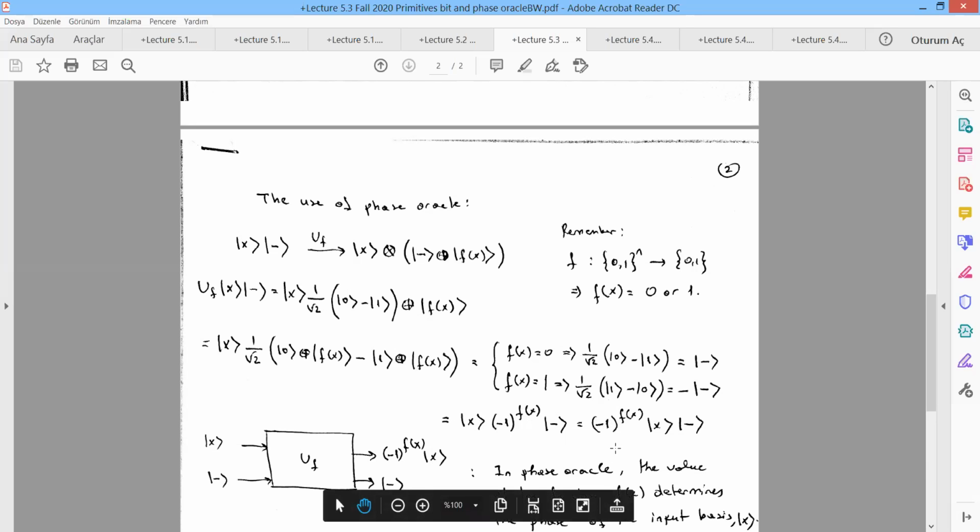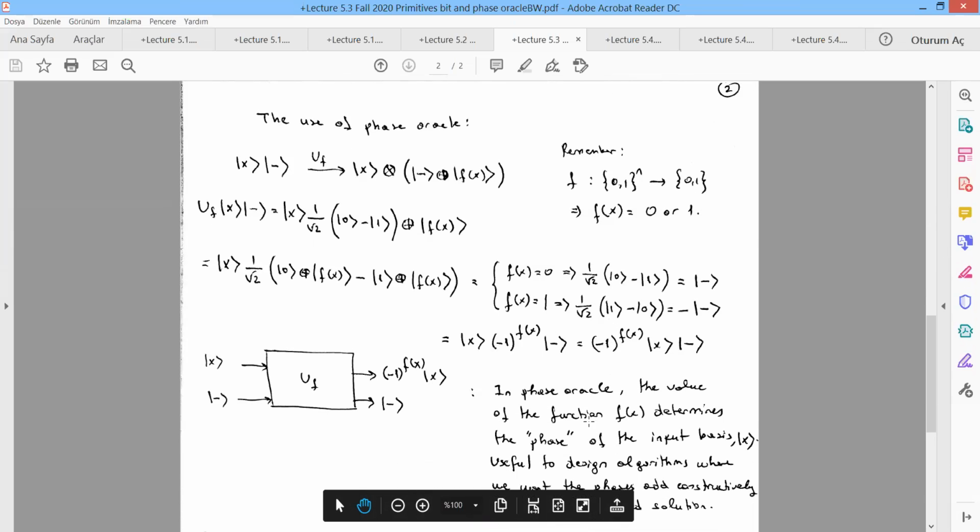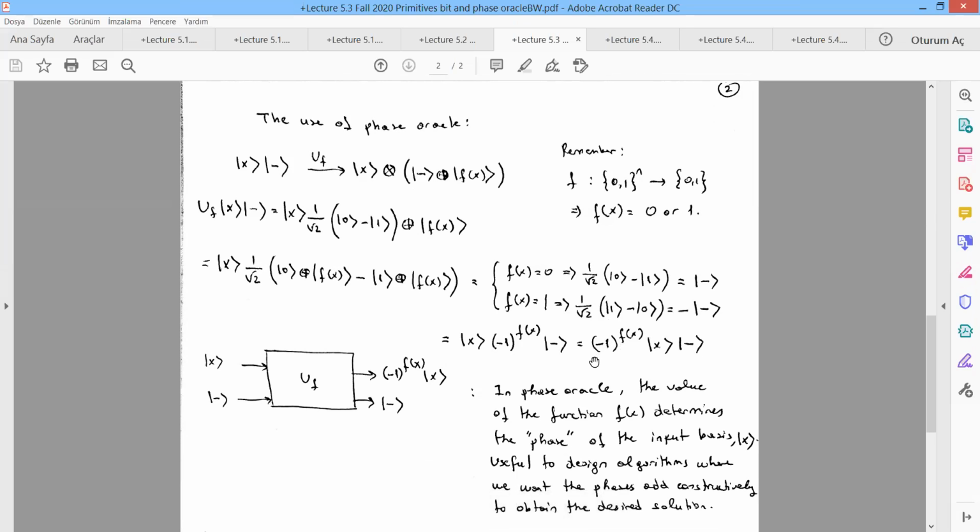So this entire output of the bit oracle becomes (−1)^f(x) |−⟩. What we have done is take the value of f(x) that we had in the output and bring it up as an exponent.